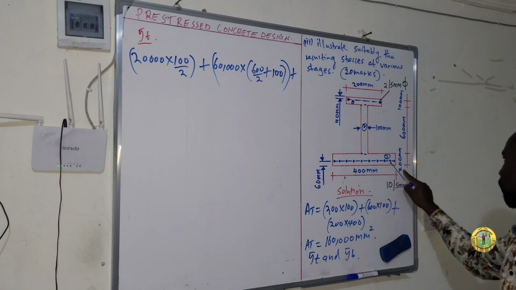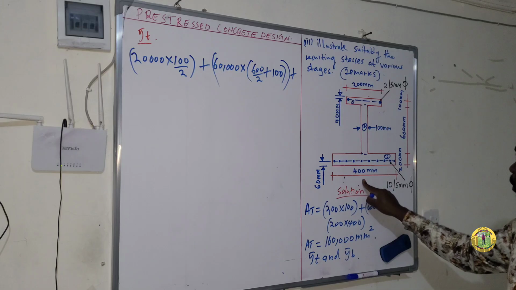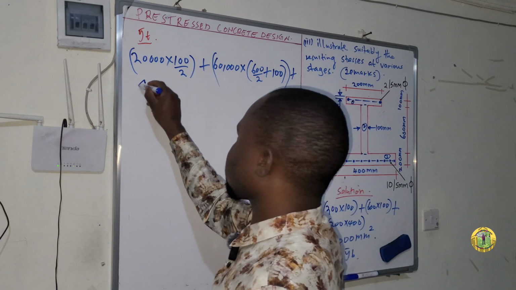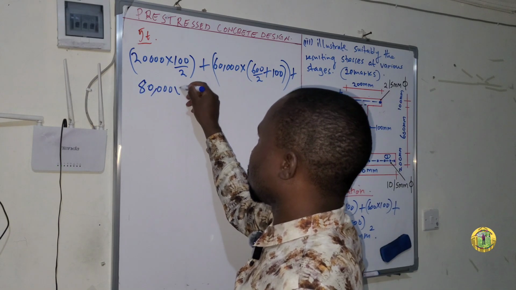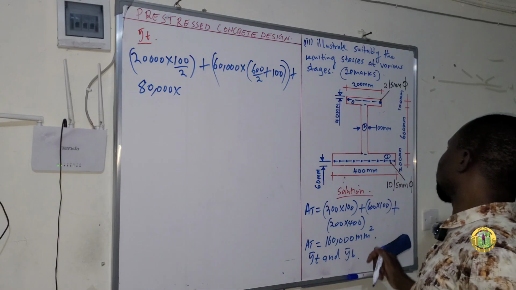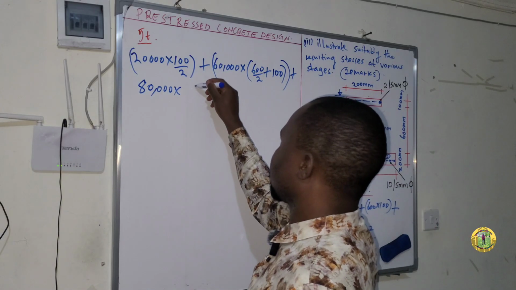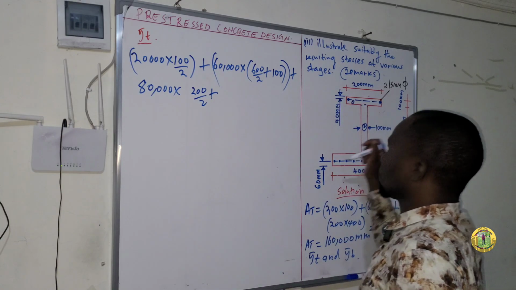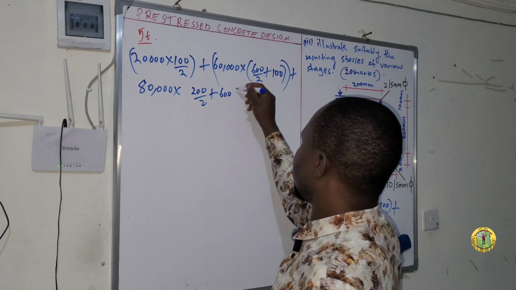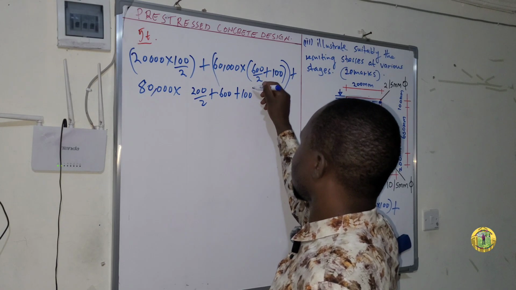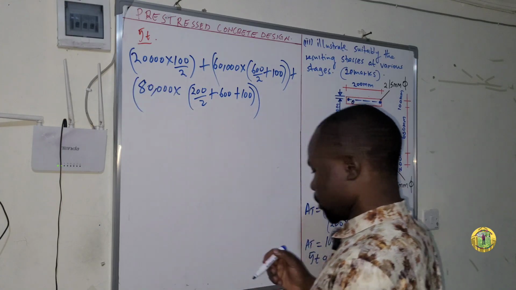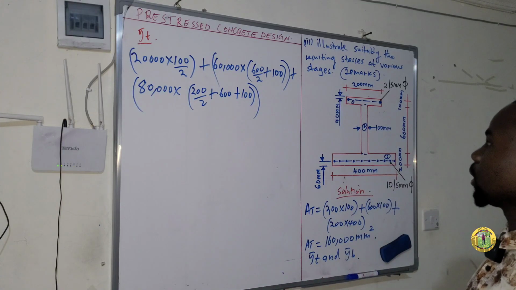The area will be 200 times 400, which is 80,000, times a half of 200 plus 600 plus 100.